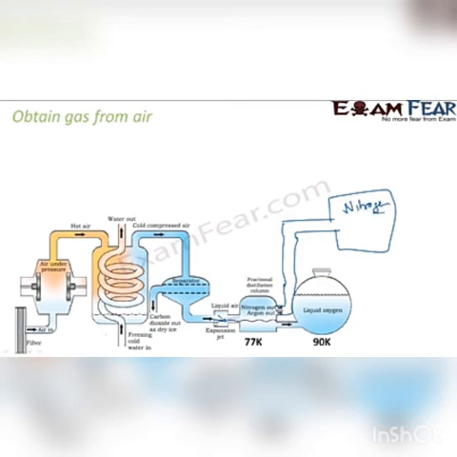Now when you maintain the temperature of 77 K here by applying some heat, the moment liquid air is heated to 77 Kelvin, nitrogen, which has a boiling point of 77 K while oxygen has 90 K, will convert into gas, be cooled down and collected here. The remaining liquid air will go here because of the flow, and it will be collected here as liquid oxygen.